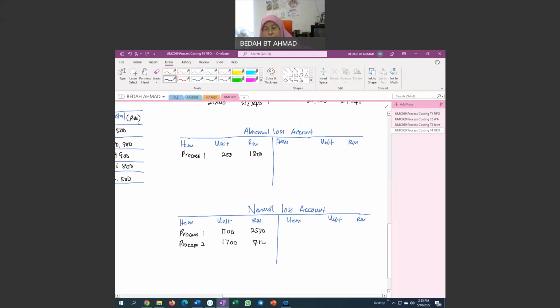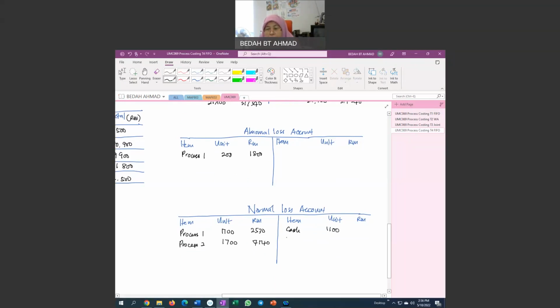This normal loss can be sold for cash. For process 1, we can sell it for cash at 2.3. Sorry, the units are 1,100 at 2.3.